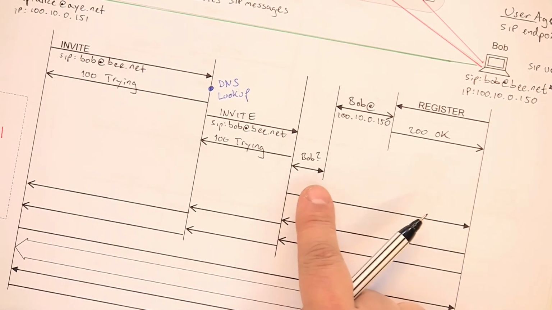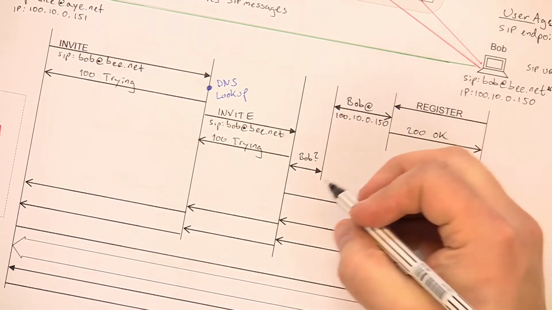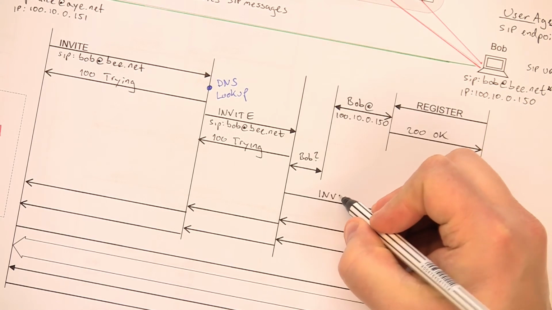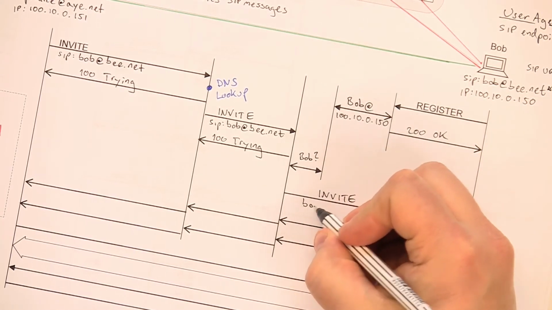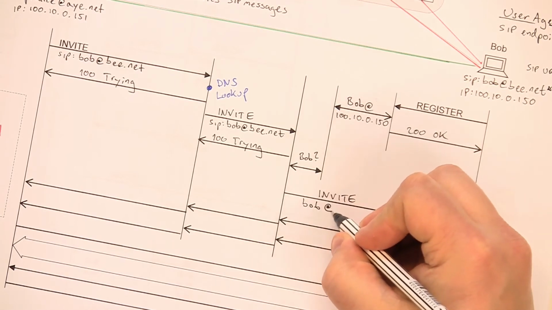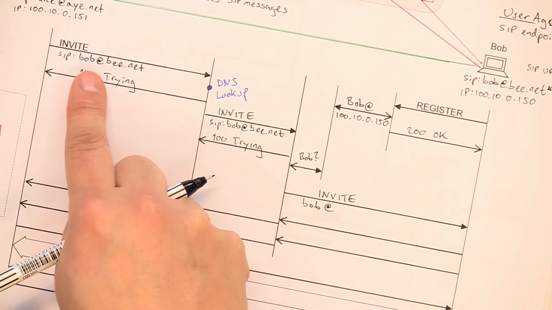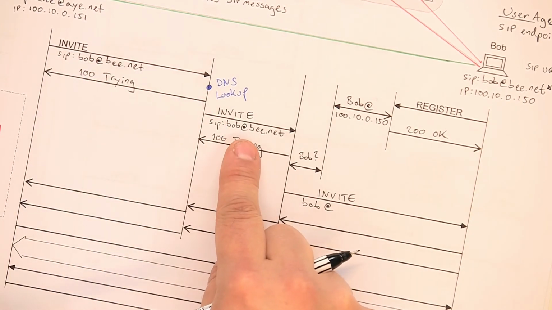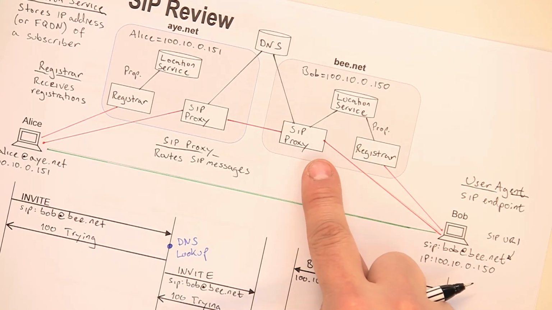Apparently it gets a response, so it now knows where Bob is. So it forwards the invite to Bob at... careful now. Up here it says bob@b.net. Now the SIP proxy has translated this.